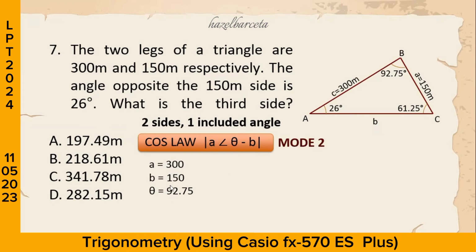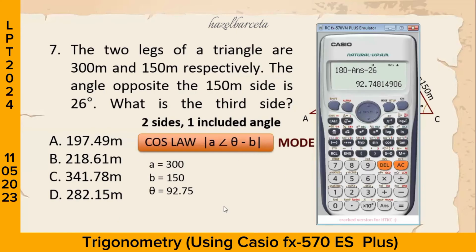So, let's use mode 2. Let A be equal to 300. A is 300, B is 150, and our theta is 92.75. So, let's input. Don't forget, it's mode 2, complex. So, kukopihin lang po natin ito. For the absolute value, shift, height, ayan po ang abs. Then, A, ang ating A na kinonsider ay 300.